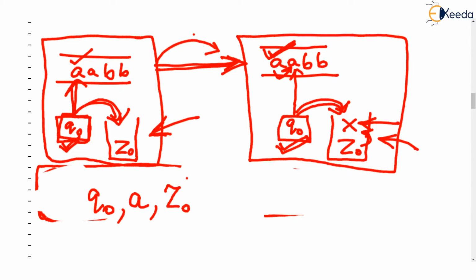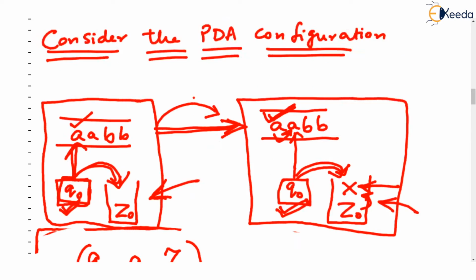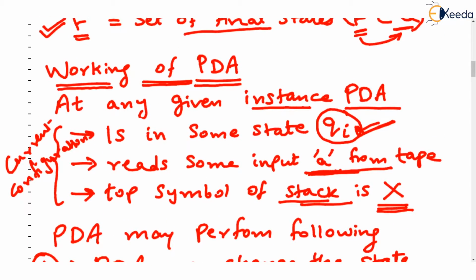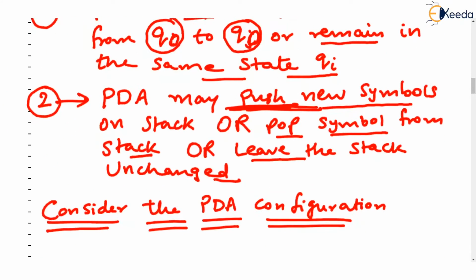These are the three things that we were discussing in the working, isn't it? It is in some state Qi, it is reading some symbol from the tape, and top of the stack is something. So currently Q0 is the state, A is the symbol, and Z0 is the top of the stack. So three things we are having in the current configuration.